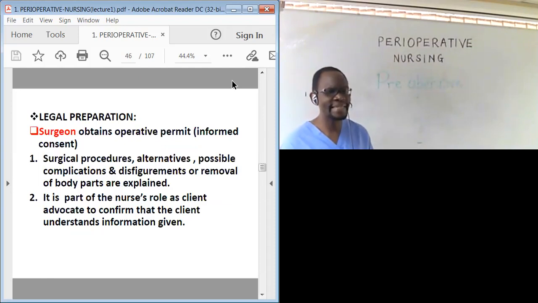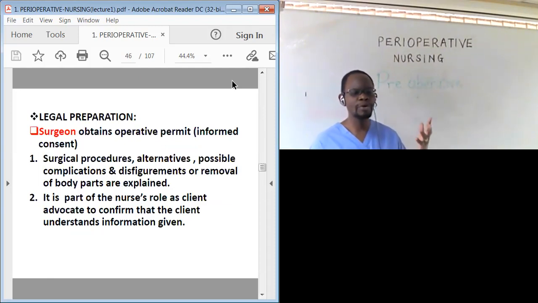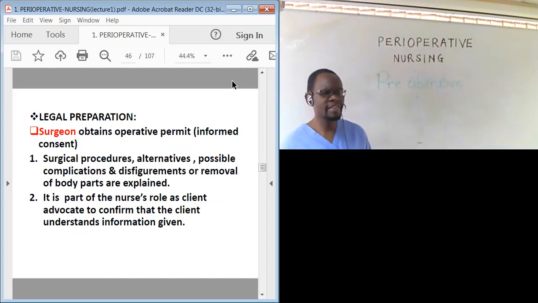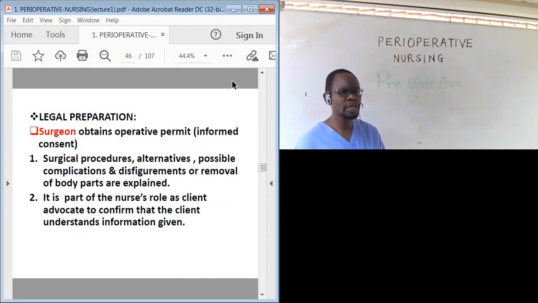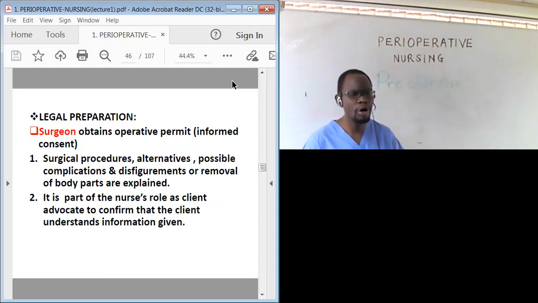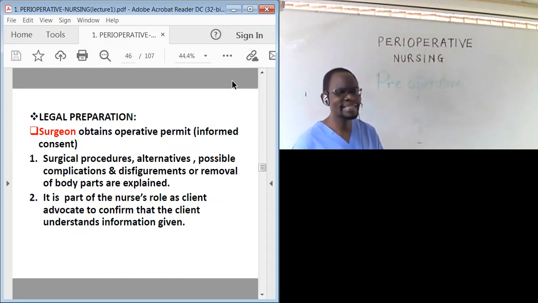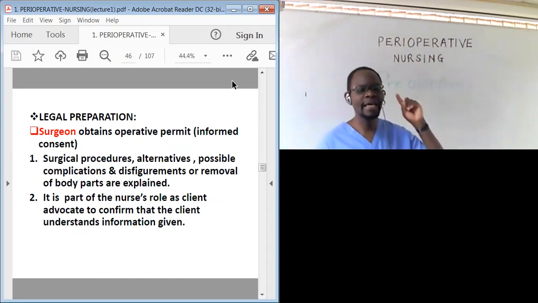We want to look at what we refer to as legal preparation of the patient. One of the things that should not be missed in the legal preparation of the patient is what we refer to as informed consent. So what is involved in the informed consent? The surgical procedure, of course, is explained by the surgeon.